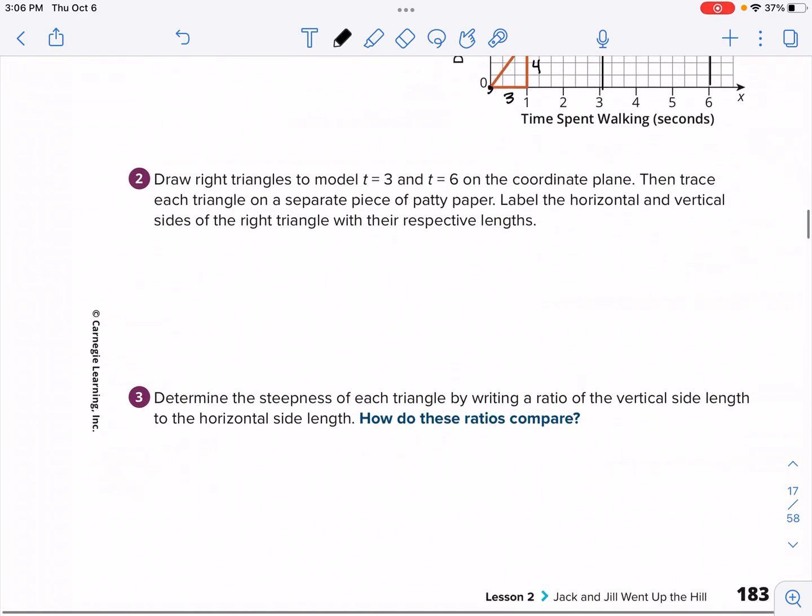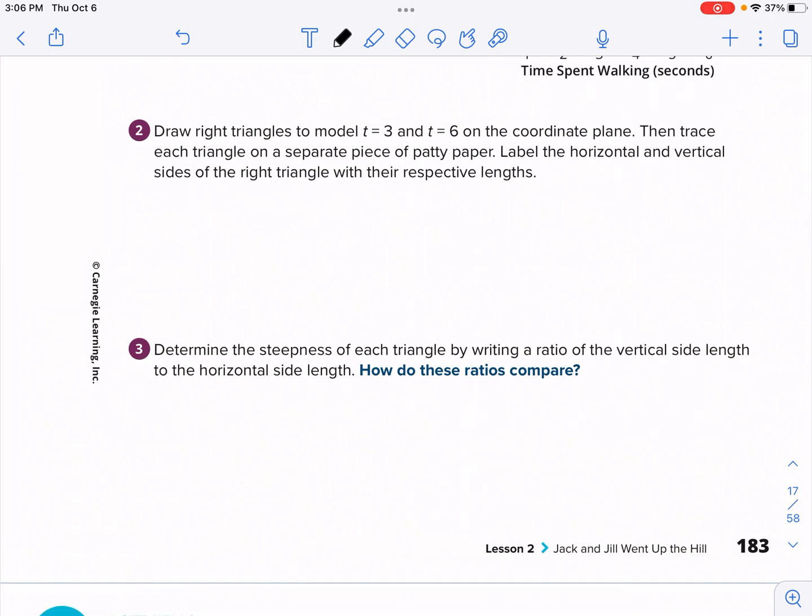All right. And it says determine the steepness of each triangle. Now, each triangle here, the first one when t was equal to 1. Oh, sorry, when t was equal to 1, whoops, let me erase this. The ratio is 4/3. Okay, let's go to the other ones.